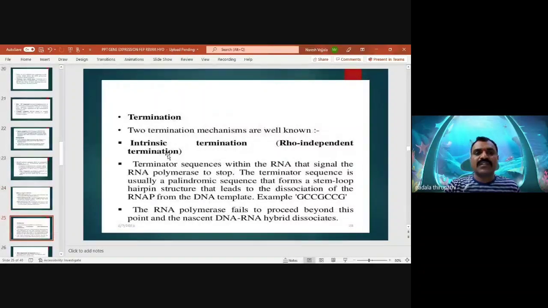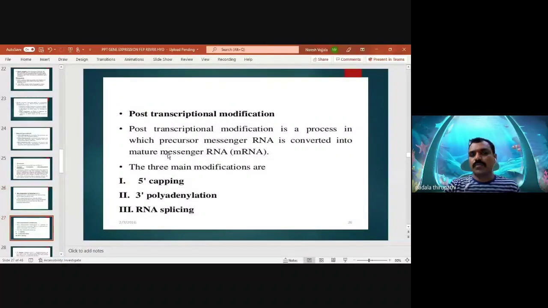After the transcription or termination process, post-transcriptional modification also takes place. It is a process in which precursor messenger RNA is converted into mature messenger RNA, that is mRNA.